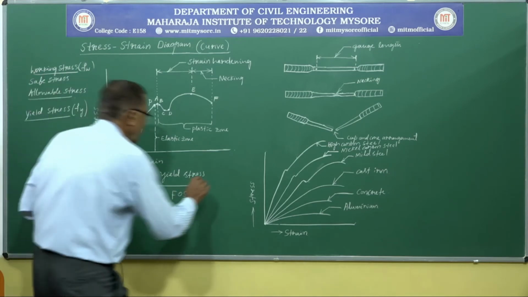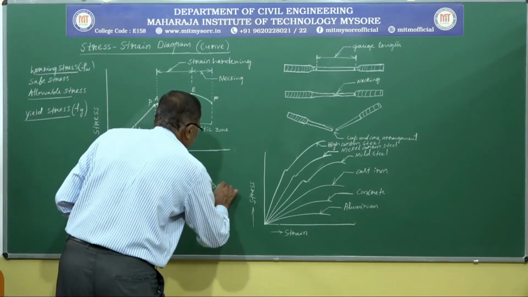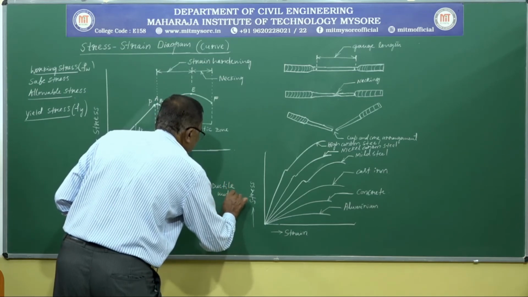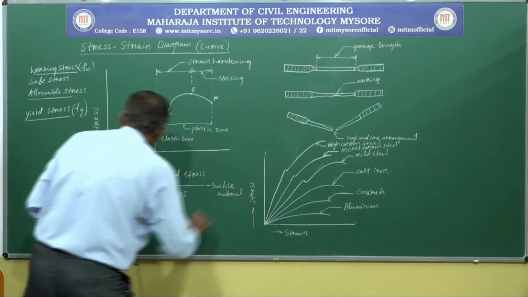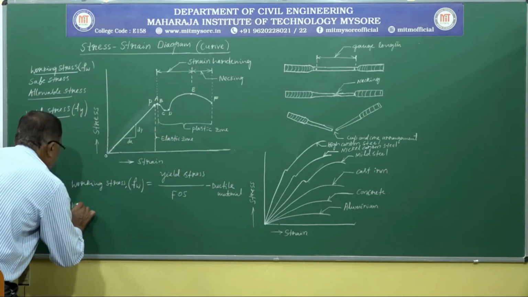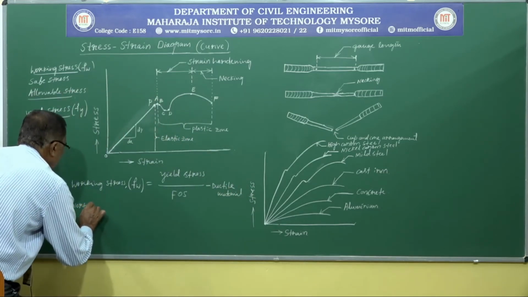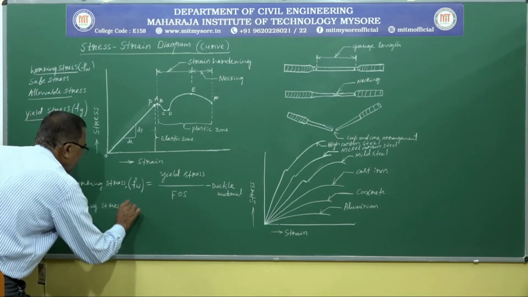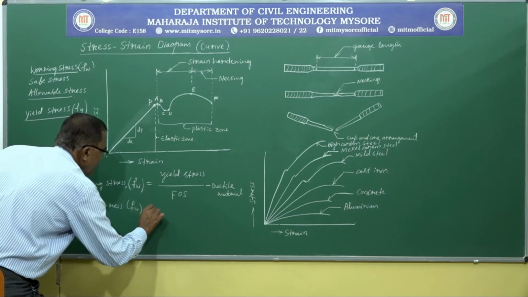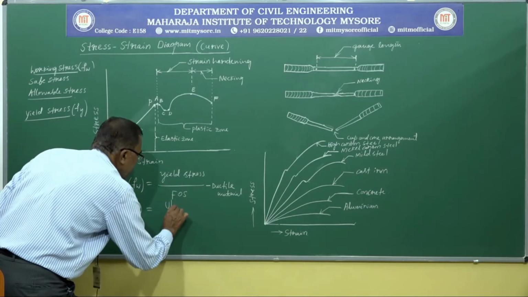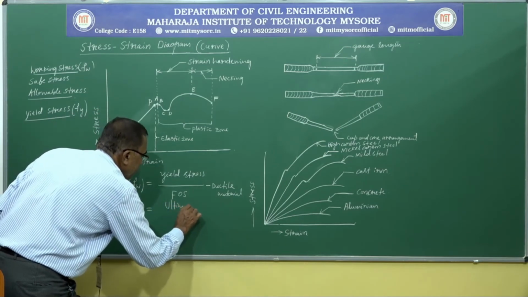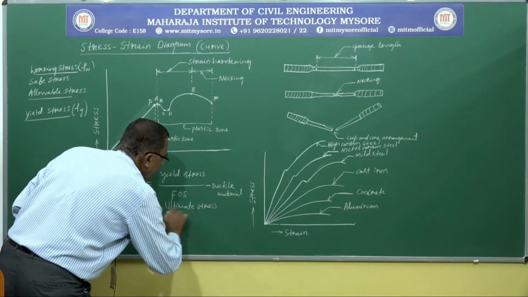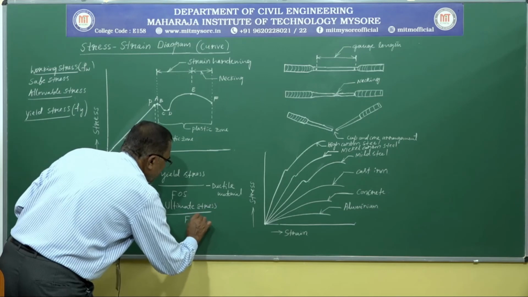This is for ductile material. Also, working stress Fw is equal to ultimate stress divided by factor of safety.